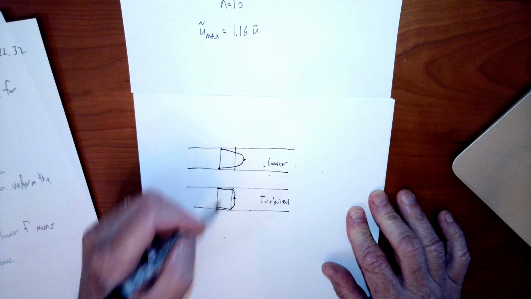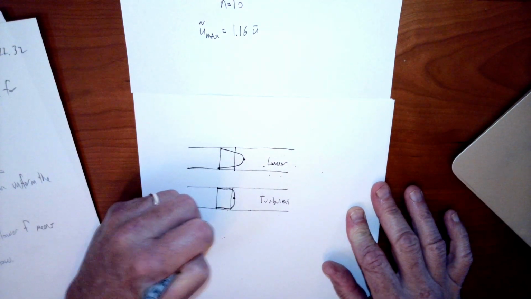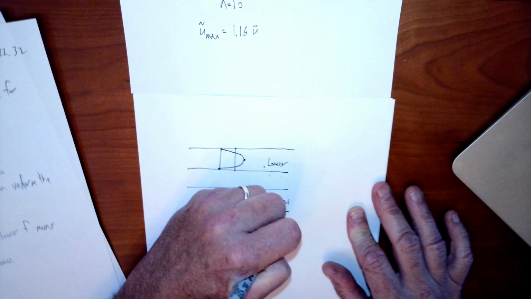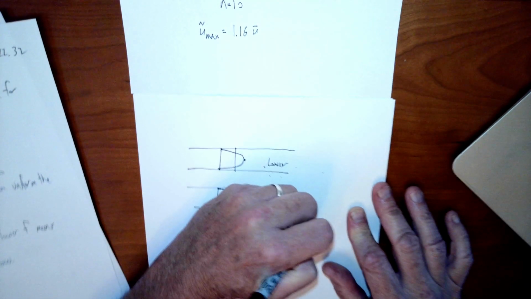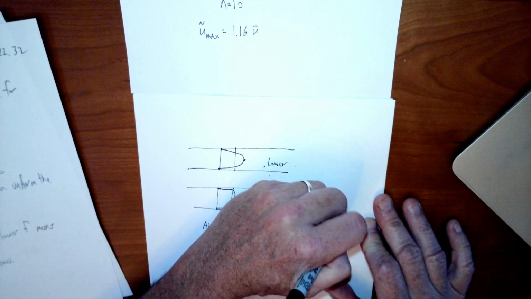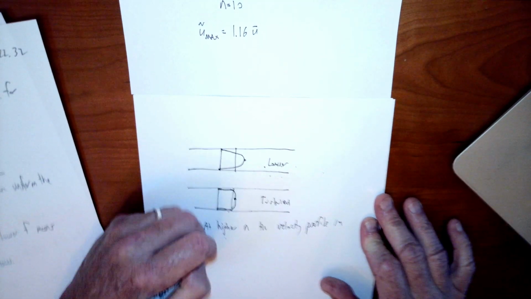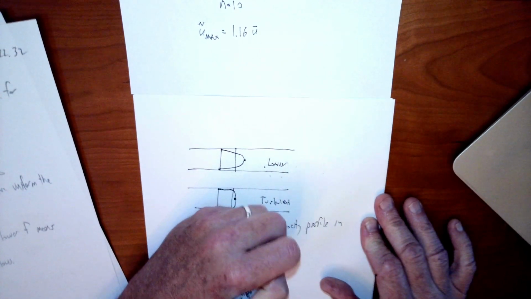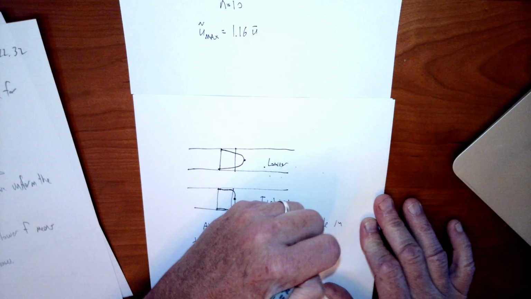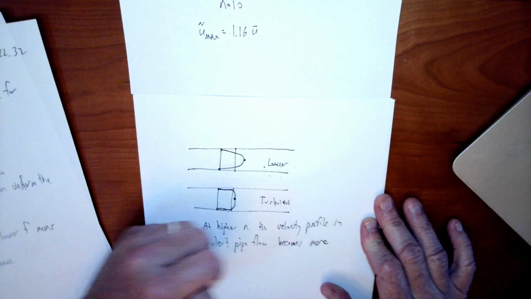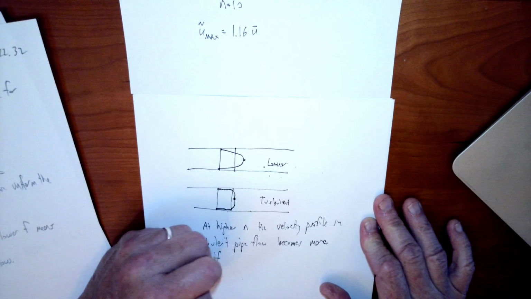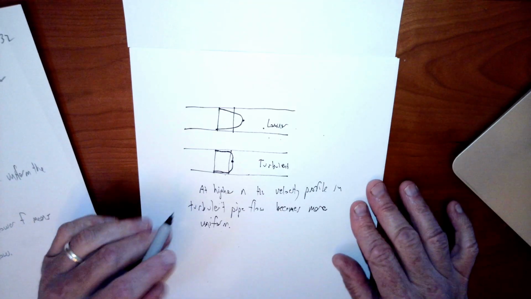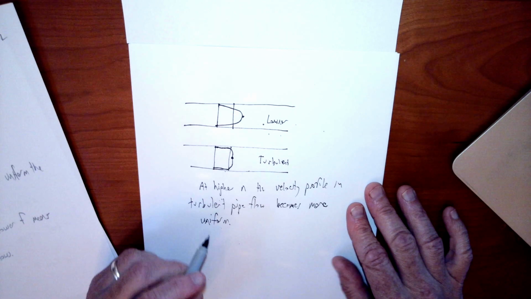You get a much flatter flow. It's more uniform. So at higher n, the velocity profile in turbulent pipe flow becomes more uniform. And even at the low end, when n is equal to 5, it is still more uniform in turbulent pipe flow than it is in laminar flow.